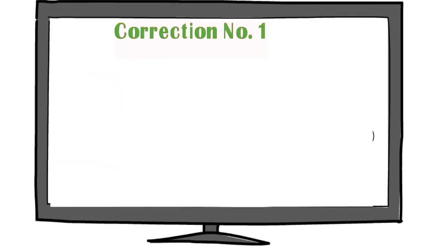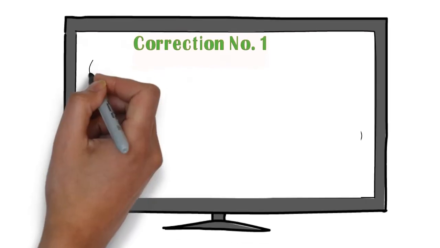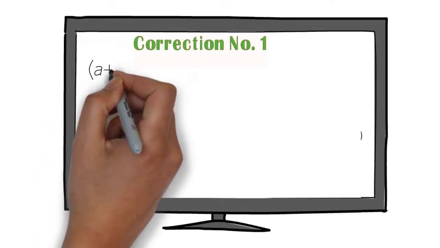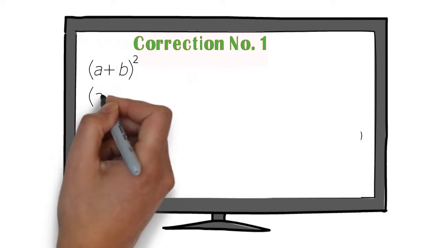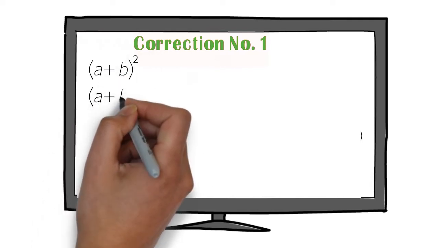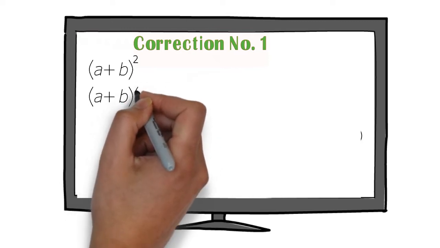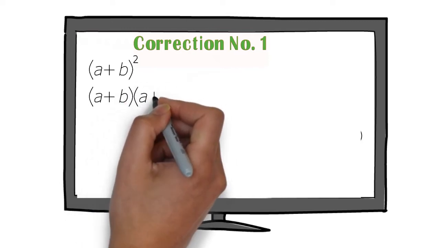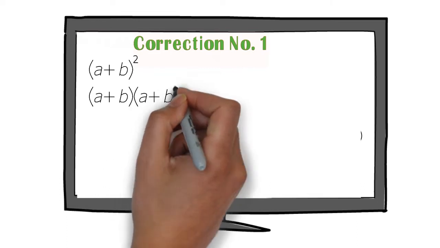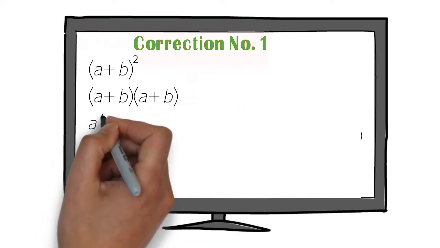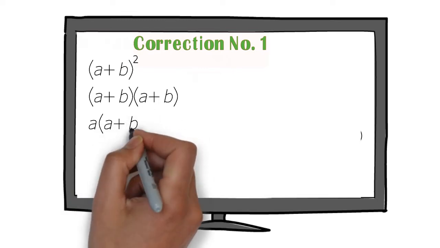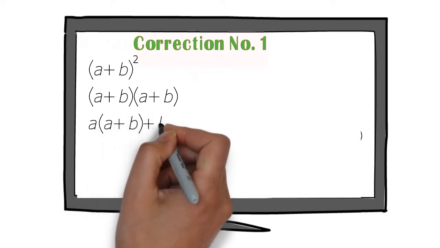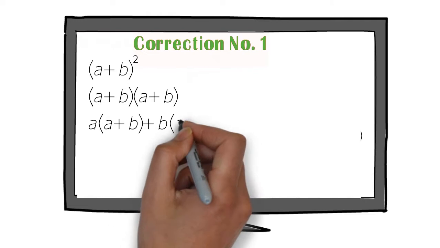So let's make a correction to that mistake. a plus b to the power of 2 clearly means a plus b twice, which is a plus b and a plus b. To expand this, you take the second one and distribute the first one over it. So you have a bracket a plus b plus b bracket a plus b.